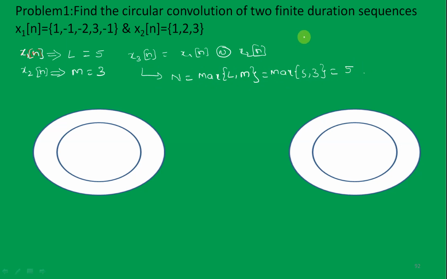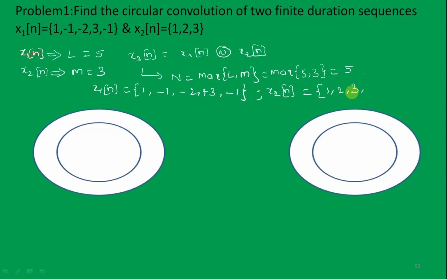So obviously x1 of n also has length 5 and x2 of n also has length 5. x1 of n stays the same, 1, minus 1, minus 2, 3, minus 1, but x2 of n has only 3 samples, so do the zero padding.